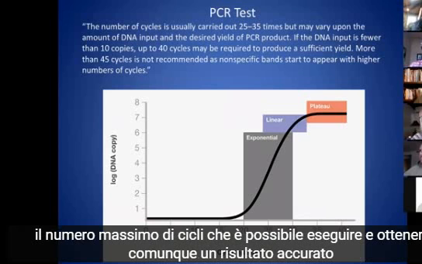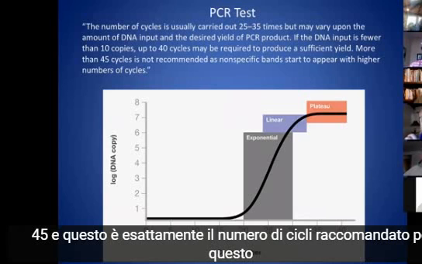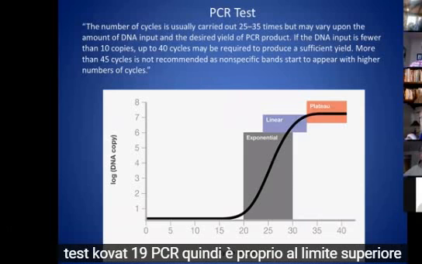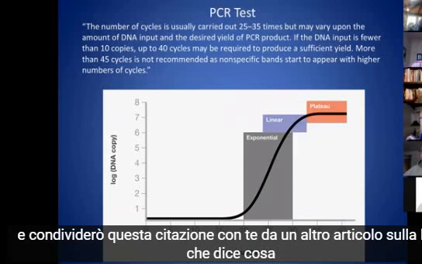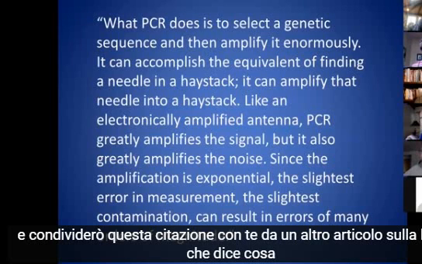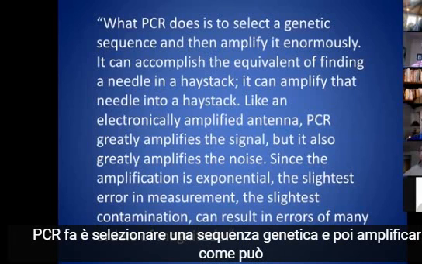If you go too much beyond that, what happens is you end up amplifying the noise. So it seems to be generally represented that the absolute maximum number of cycles that you could do and still get an accurate result is 45. And that's exactly the number of cycles that is recommended for this COVID-19 PCR test. So it's right at the upper limit.